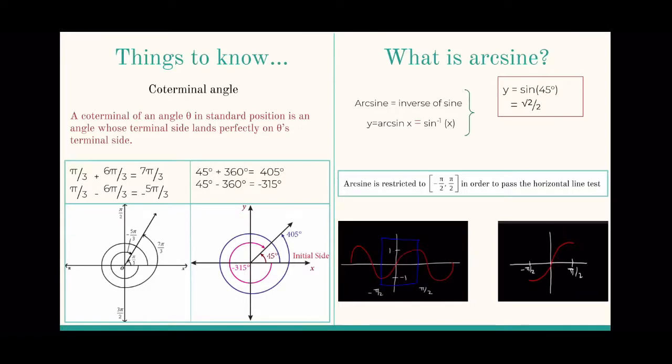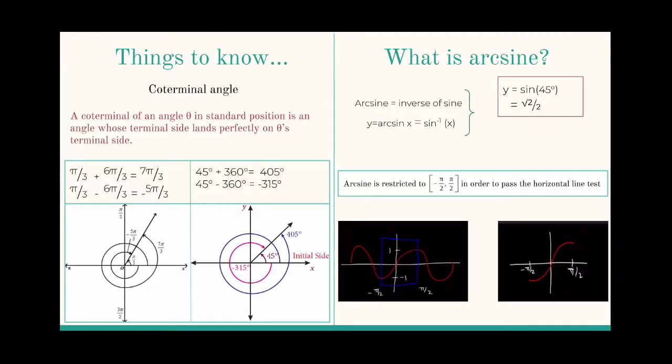And to make an entire loop or circle, that would be equivalent to 2 pi or 360 degrees. So to find a coterminal angle, you would add 2 pi or subtract 2 pi, or in degrees, you can add 360 degrees or subtract 360 degrees as many times as you'd like.